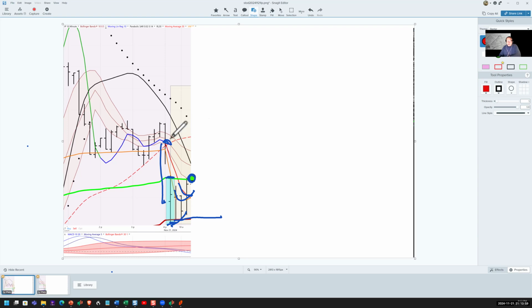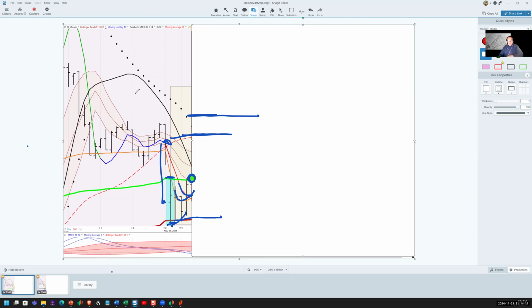My first targets are going to be the Bollinger Band mean, then the PSAR. Then if that all succeeds, I'm going to be looking for the top of the dragon, then the top of the RL10 turn.